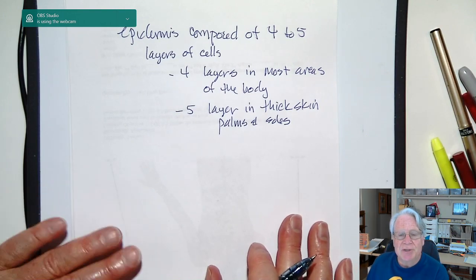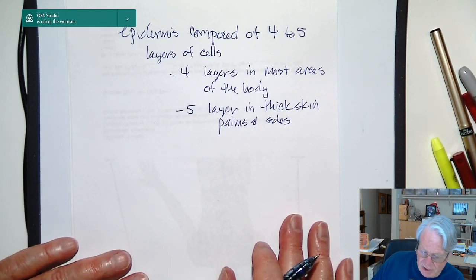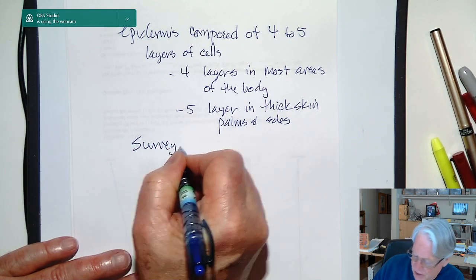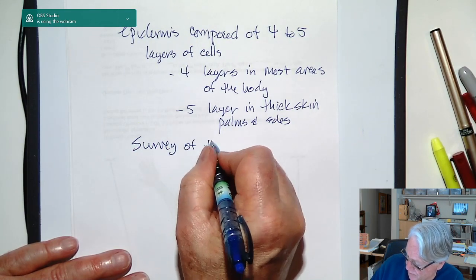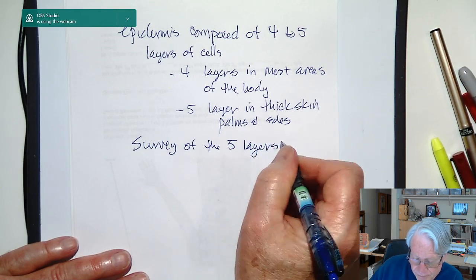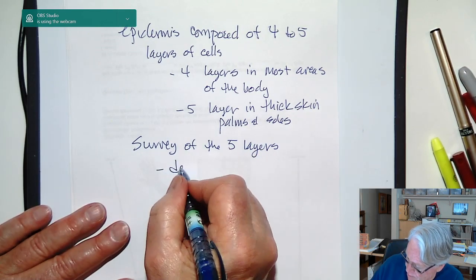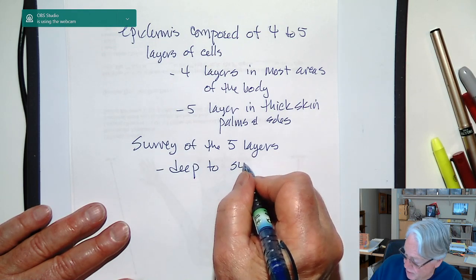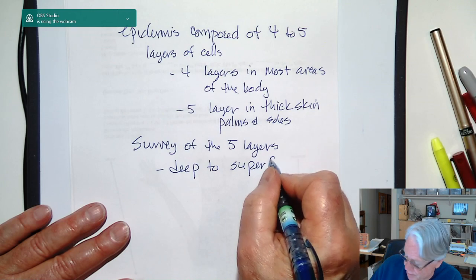So we're now going to survey these layers, all 5 layers. We're going to go from deep, the deepest layer, to superficial. We're going to start from the bottom and work our way up.